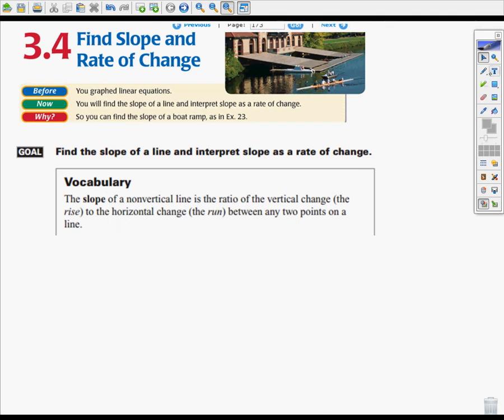So the first thing we're going to do is find the slope, and we know that slope is of a non-vertical line, because the slope of a vertical line is undefined. It's just the ratio of the rise to the run. So we know it's rise over run.